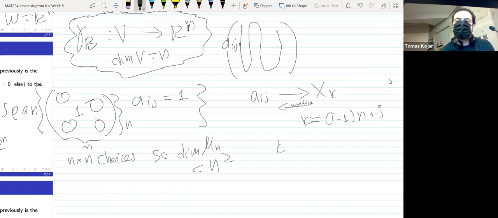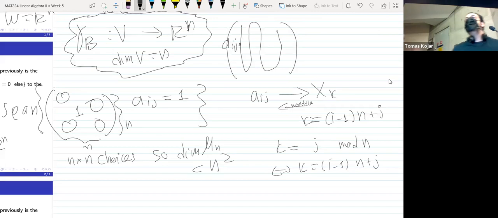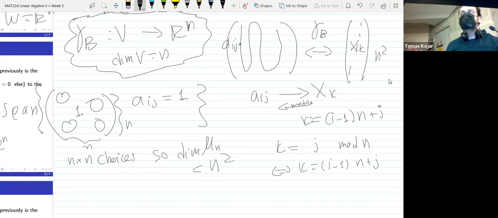So you give me k and you do modulo n. So this is j. So this map goes back and forth. It's an invertible map, and it's the canonical map we will use from matrices to n squared vectors. That will be the coordinate map. Is that okay?